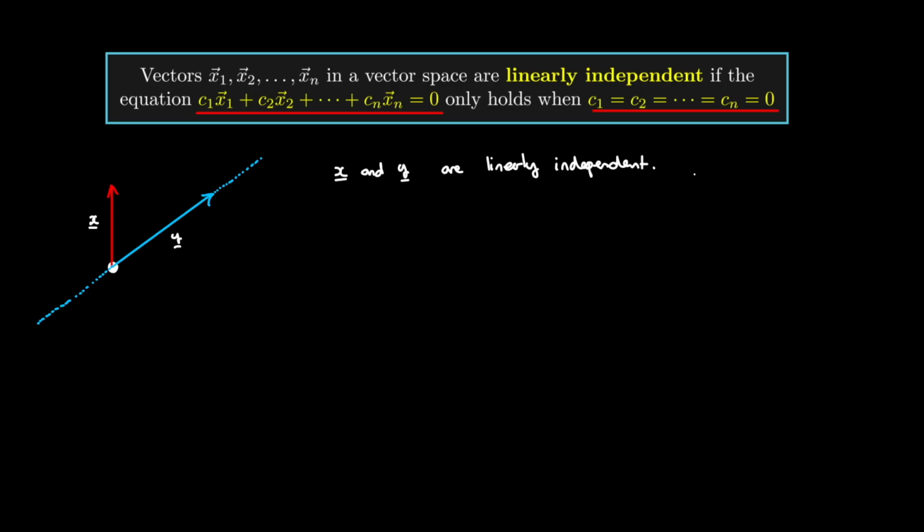Okay, now there's an opposite concept, which is linear dependence, and that just means exactly what you would expect. It means that the two vectors lie on the same line. So for instance, if I have this vector here, let's call this z, then because y and z lie on the same line here, we say that y and z are linearly dependent.